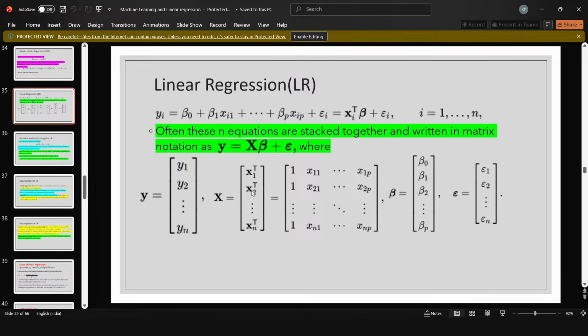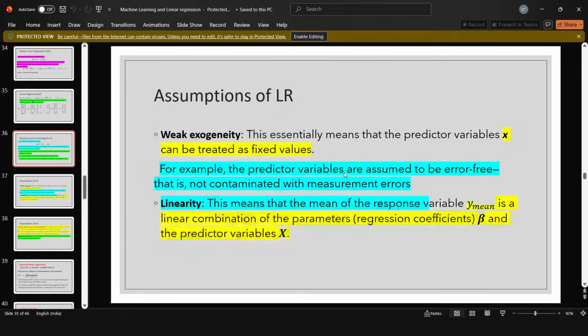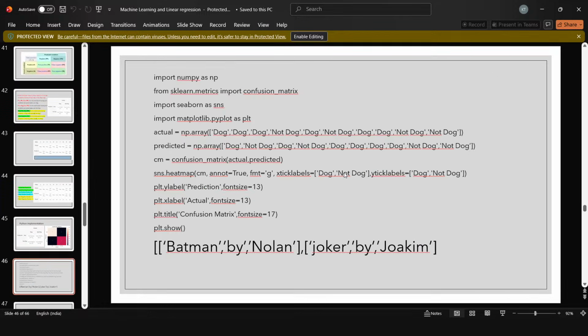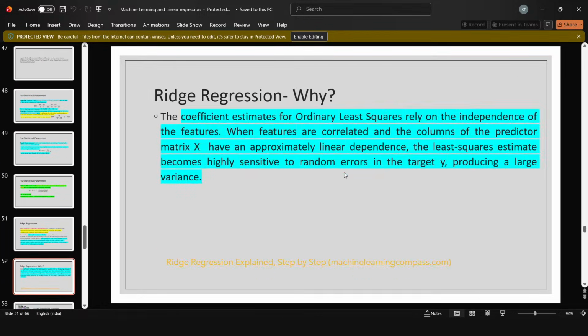So in this X matrix, if two features are highly correlated, then the columns of the predictor matrix X have an approximately linear dependence. So it is no longer a multiple regression model, right?